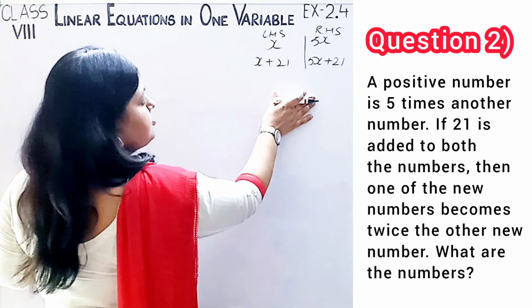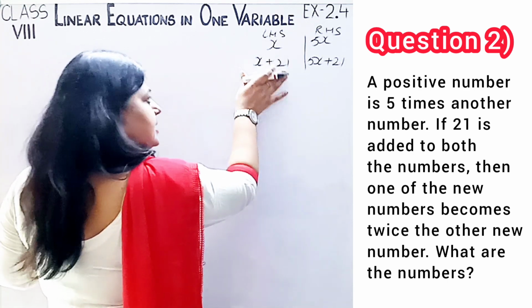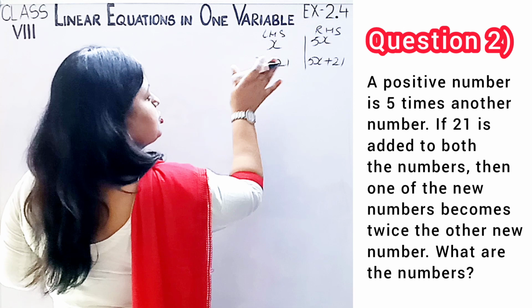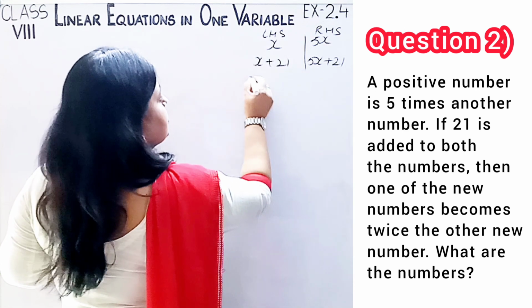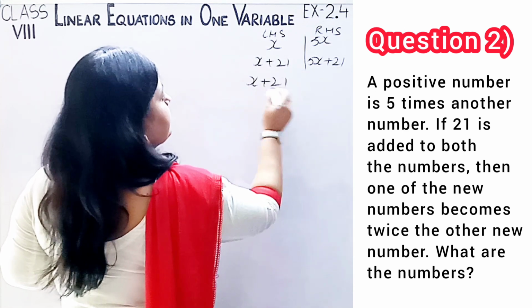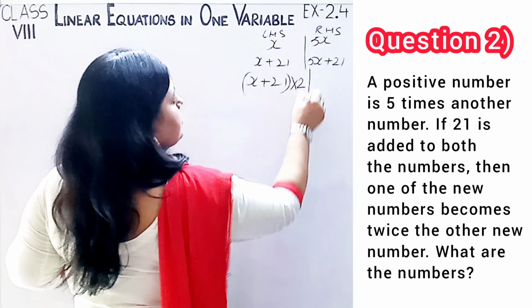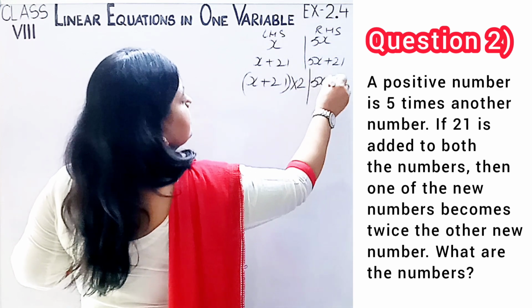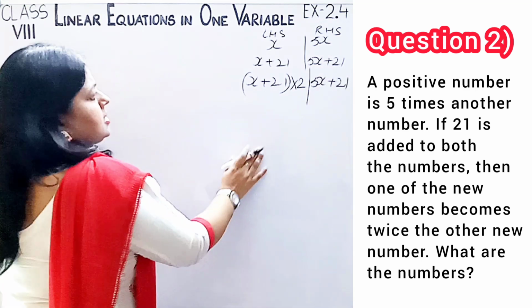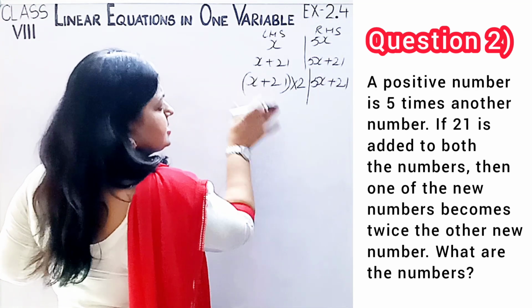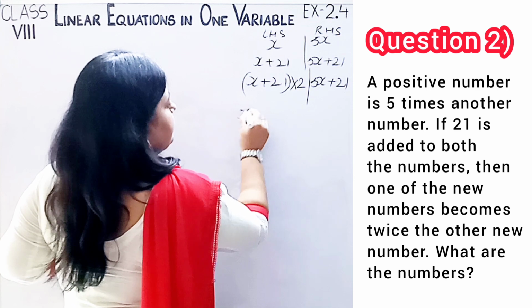It means we have to multiply this side with 2 to make it equal.